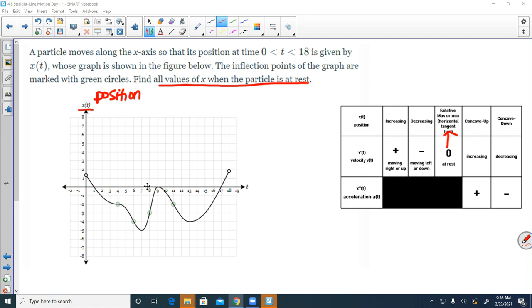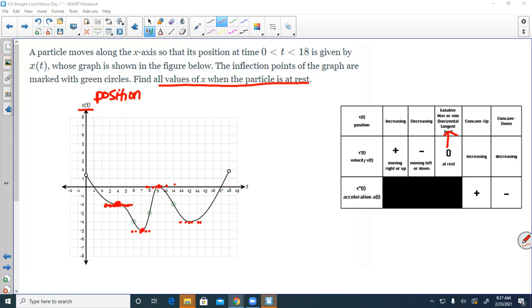So remember, horizontal tangent lines are parts of the graph where you can draw a horizontal tangent line. Those do happen at relative maximums and minimums. And anywhere else I can also draw a horizontal tangent line. So anywhere, do you see how it changes? It's still decreasing, but then there's also a horizontal tangent line right there, right at 4.